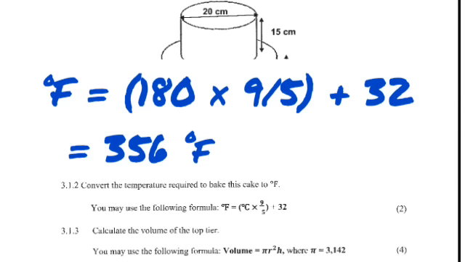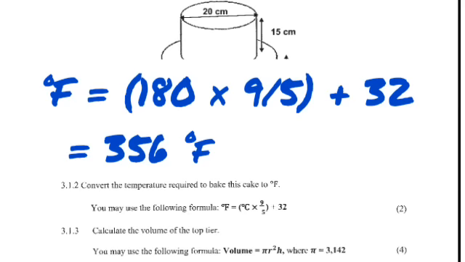So where there is a degree Celsius, we simply insert 180 into the calculation and you solve what's in the bracket and then you add the 32, and then what is going to give you in the end is 356 degrees Fahrenheit, and that way you would have answered your question. So this is a matter of substitution.